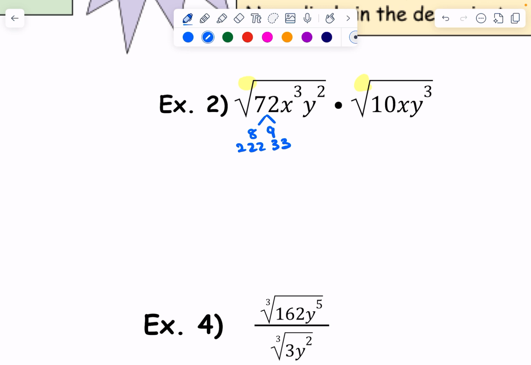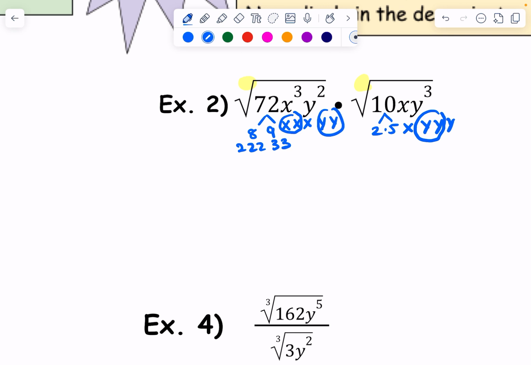And then 10 is a 2 times 5, so we really can't take anything out of that. Now, if we look at everything else here, we are going to be able to take one of these out, and we are going to be able to take an x out, because you can see how if we have 3, we can take one x out, and if we have 2 y's, we can take a y out.